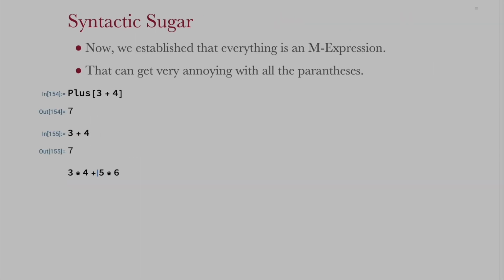By the way, when I enter the syntactic sugar, I don't need to have the multiply. I can just leave a space. When I leave a space, Mathematica understands it as a multiply. I'm not sure it even understands the star sign as multiply, but let me double check. Oh, it seems it does. Okay. So if I leave space, it understands it as multiply and gives me the result 42.